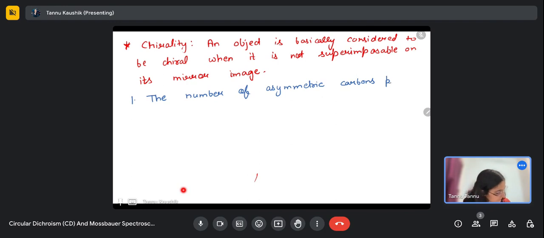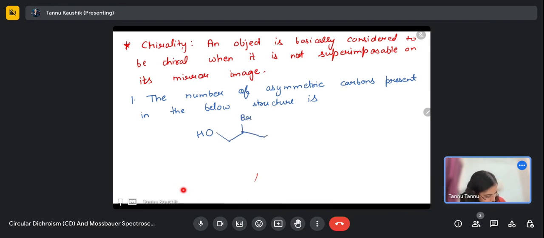In the below structure, this is asymmetric, meaning chiral, that is, there is no symmetry present.